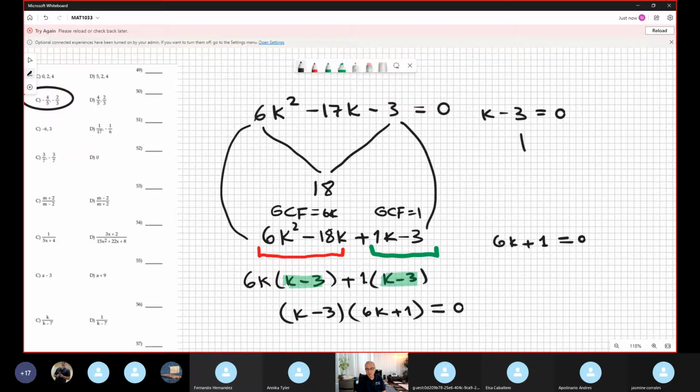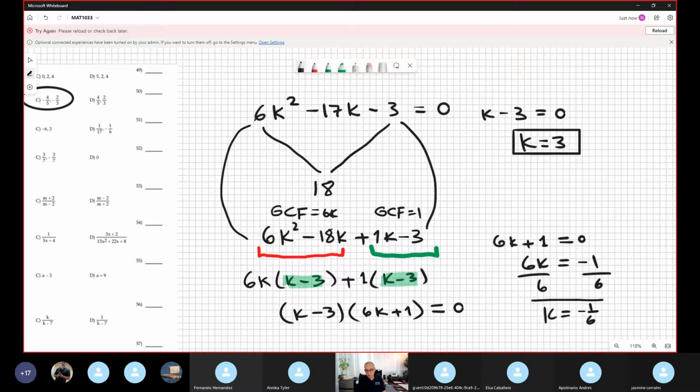It's obvious that k is positive 3. One solution can satisfy this equation. And here, 6k is equal to negative 1, divided by 6. We get the fraction, and k is negative 1 over 6. Two solutions, one positive, another negative.